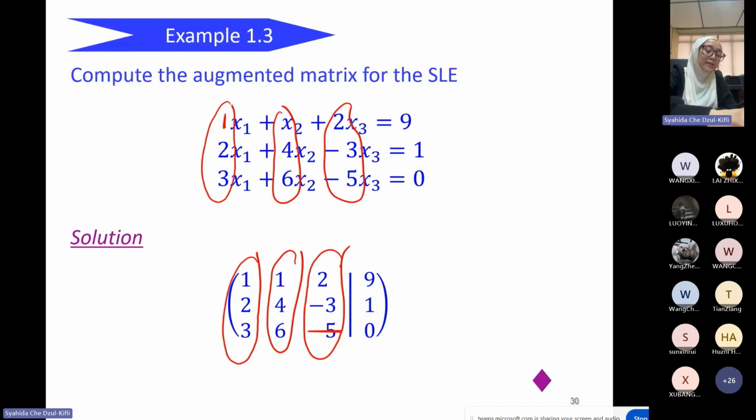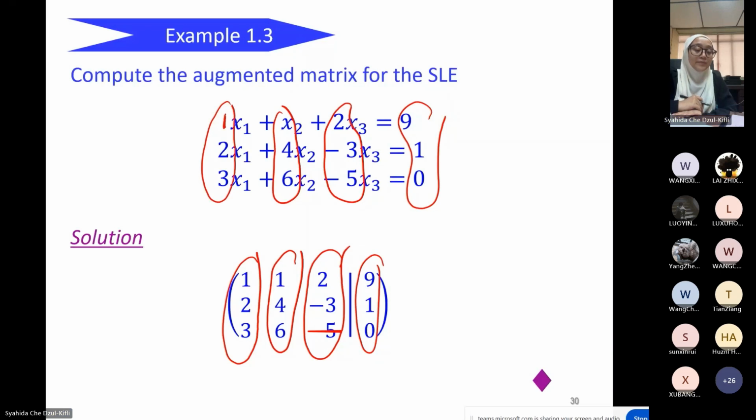And on the right hand side, they are constants. Computing the augmented matrix is straightforward, but make sure that the order of the variables is always consistent. The ordering of variables must be consistent from the first equation to the last equation.